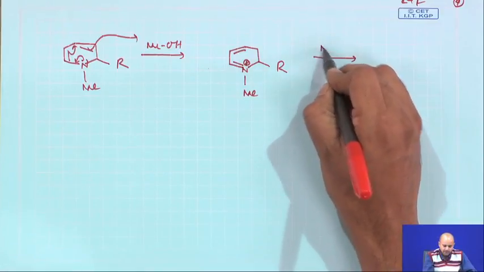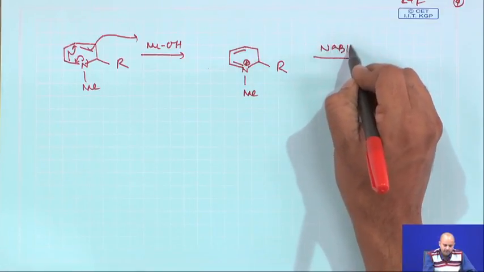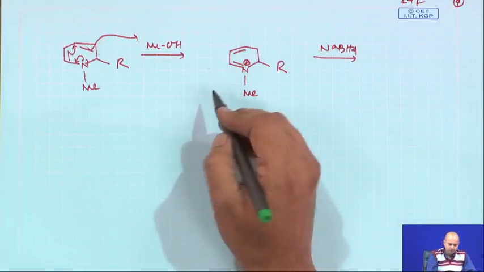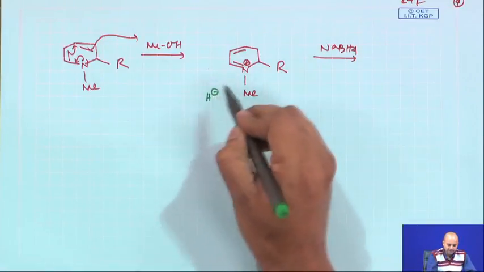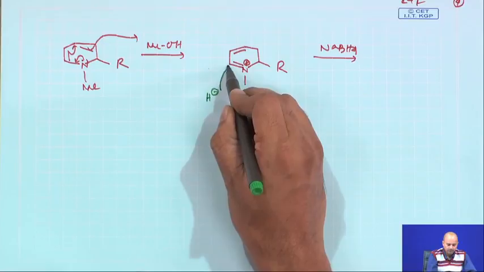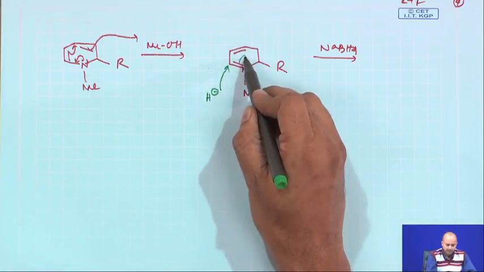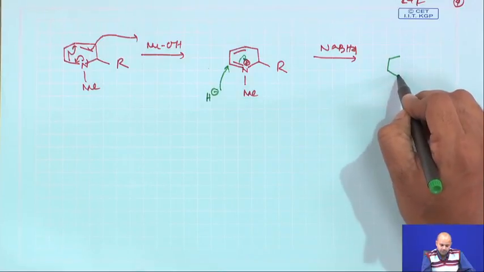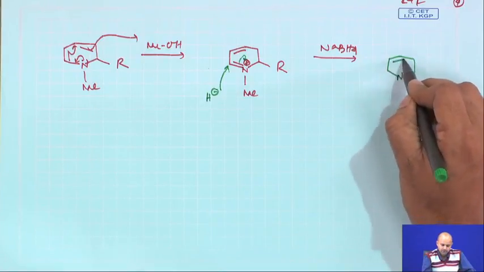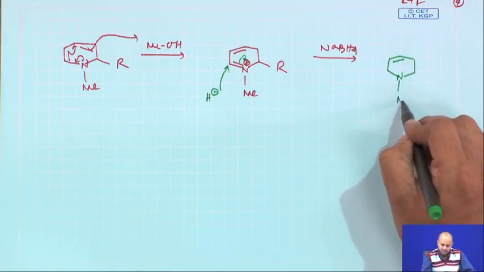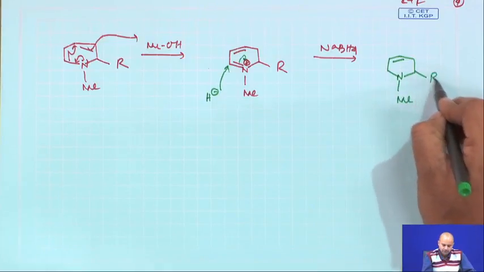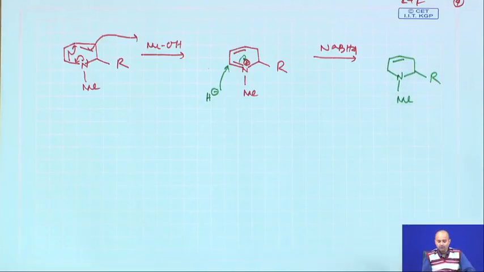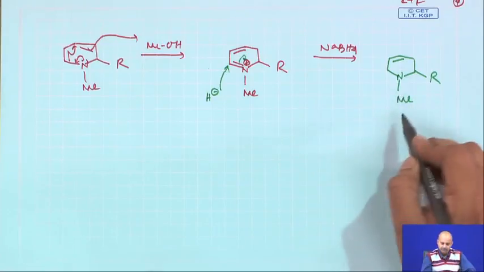So, you again subject it to sodium borohydride, and this sodium borohydride now attacks this carbon, and the nitrogen charge will be neutralized. That is fine. So, now this is the final product.